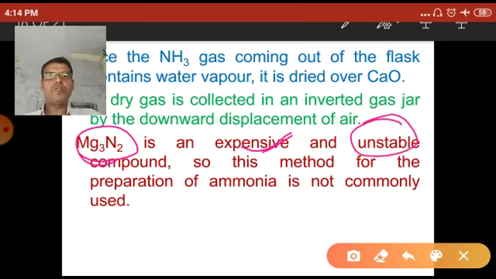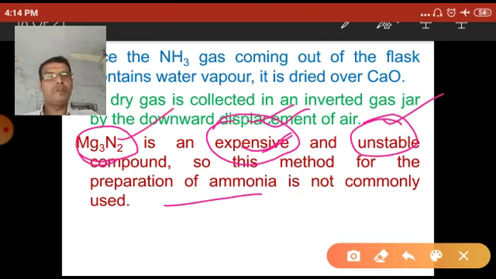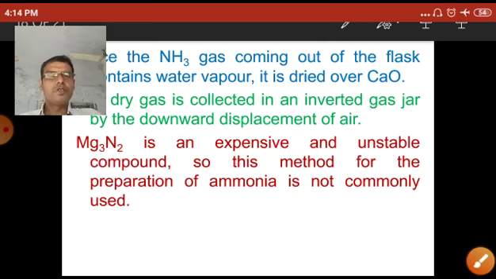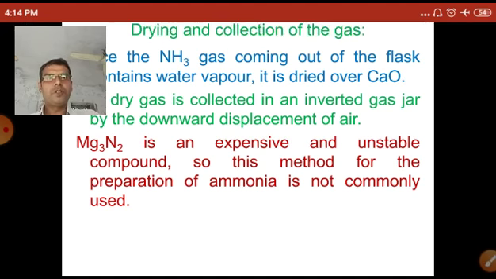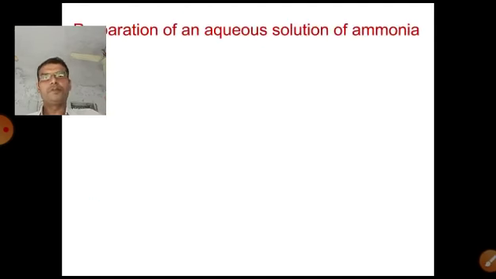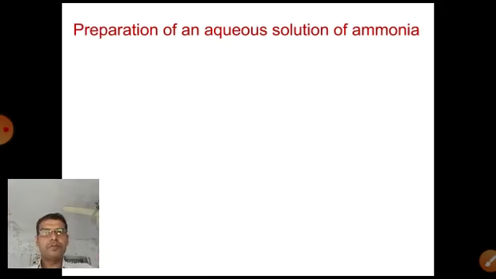So this method for the preparation of ammonia is not commonly used, for two reasons: magnesium nitride is expensive and unstable. So this method is not commonly used for the preparation of ammonia in the laboratory.